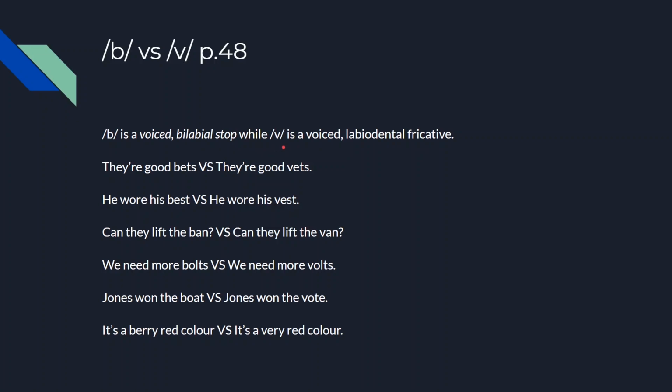But V is a voiced labial dental fricative. So F is voiceless, V is voiced. Now also, to help us understand stop and continuous, V we can say until we run out of breath.